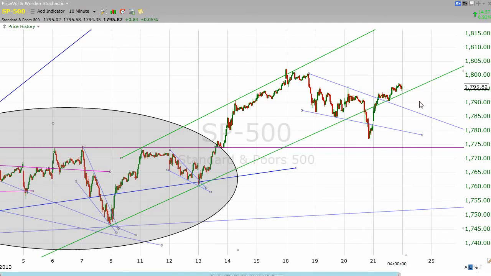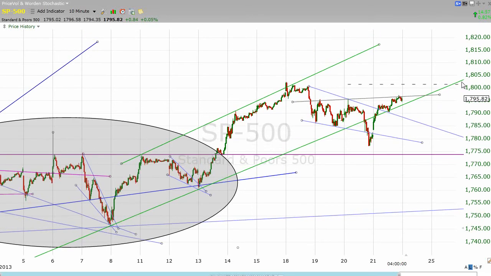But if this does serve like a head and shoulders pattern, and we've seen these things do this before, with or without the right shoulder, then this pattern could be pointing us up into the direction of something north of, let's say, something right around about 1815. So let's see if this is what's going on.